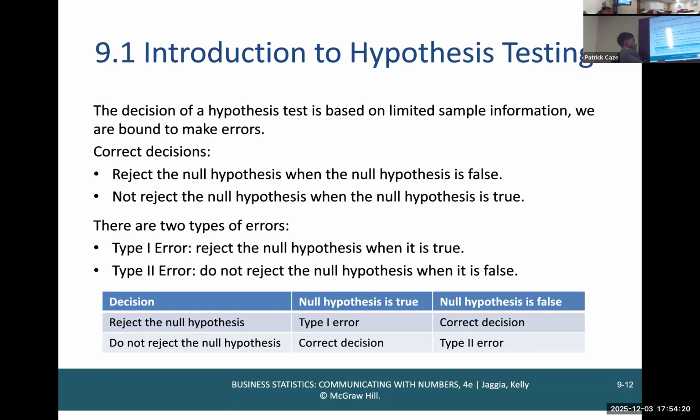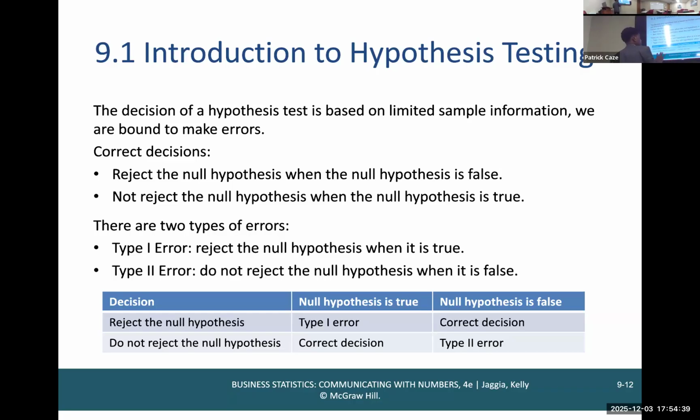So again, if we reject the null but it's actually true, that's a type 1 error. We said no, we don't believe that's true, but in actuality, it is true.